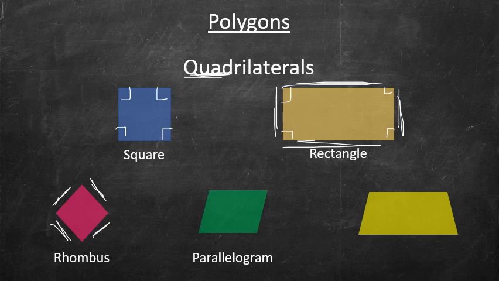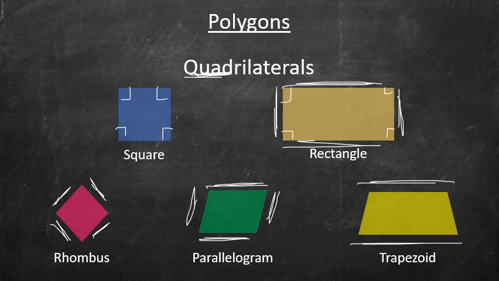A parallelogram has two sets of parallel sides, okay? Two sets of parallel sides, and they do not form right angles. The last shape is a trapezoid. A trapezoid has one set of parallel lines that will not touch. And then the other set is perpendicular because at some point they will touch.